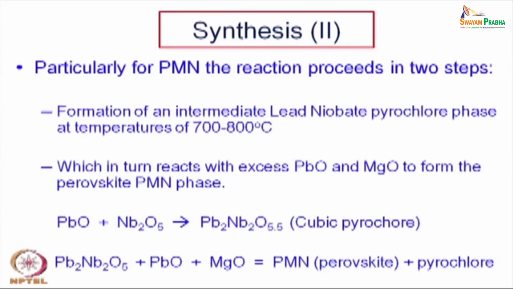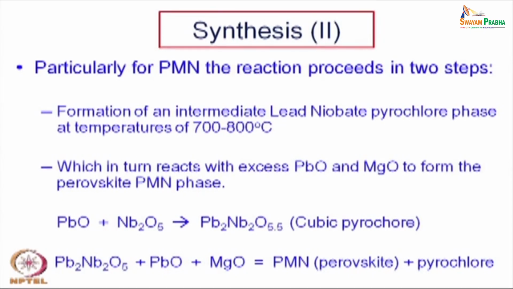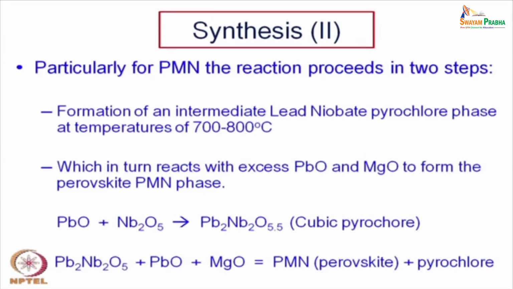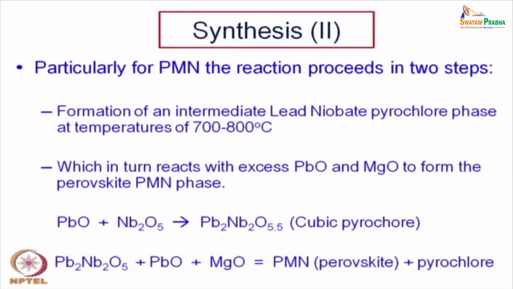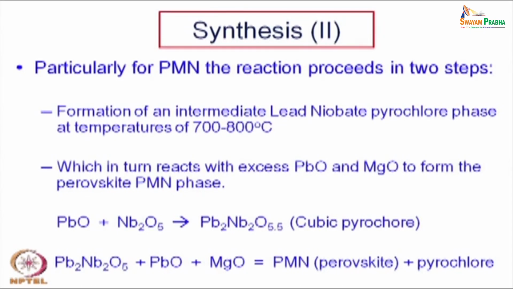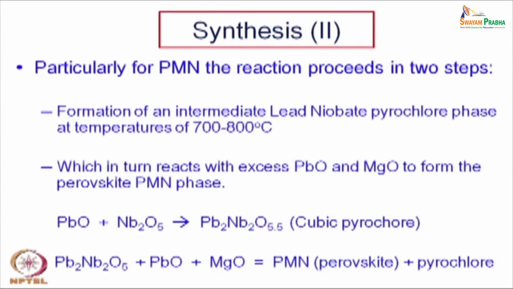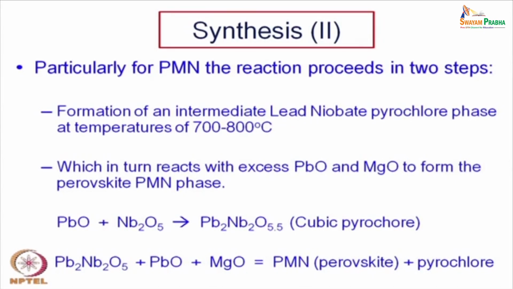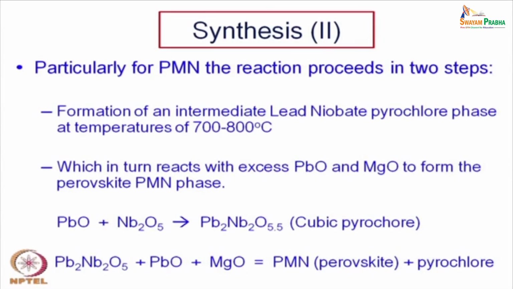Because there are three cations involved with oxygen, and their reaction rates and diffusion rates are different, it does not directly form the lead magnesium niobate. Instead, the first phase which appears is lead niobate. So, it is a binary composition, not a ternary one, obviously.